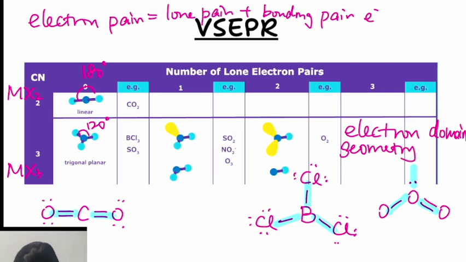For electron domain geometry, again, we take into account the lone pair electrons as well. But when we actually name the structure of ozone, we call it bent rather than trigonal planar, because when we consider the molecular geometry, we don't count the lone pair. We only count the bonding pairs, or we only count the atoms.